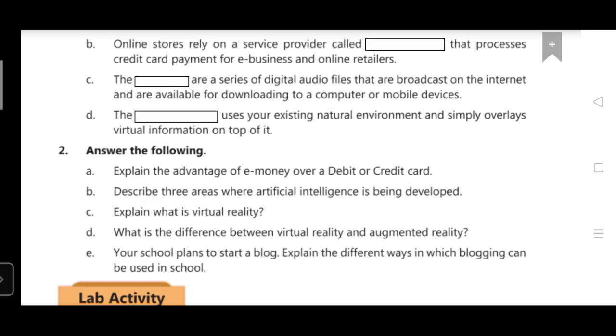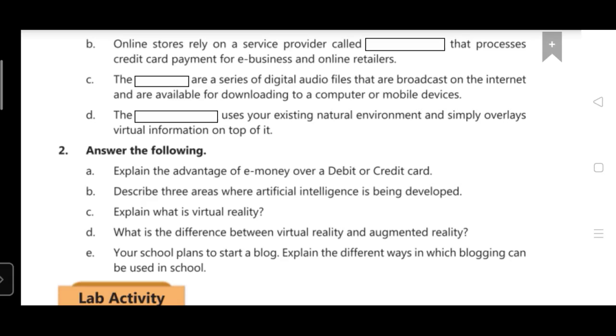Are you able to hear me? Remember, I'm telling you I will share the recorded video of this. E-money means electronic money. For that, we don't need any hard cash or any debit or credit card. So we can do the payment easily. For example, Paytm, PayPal, these are examples of e-money.